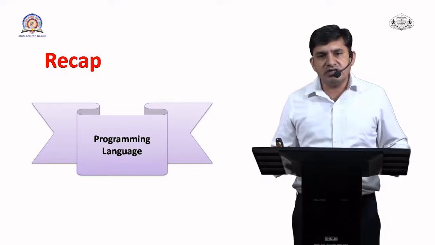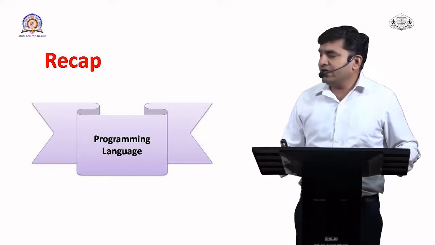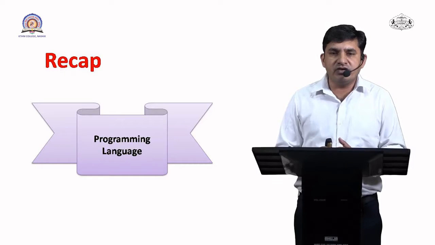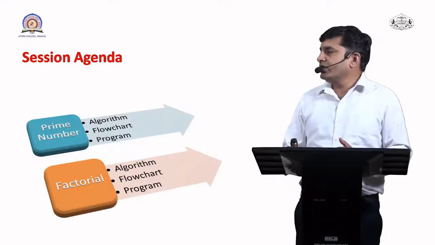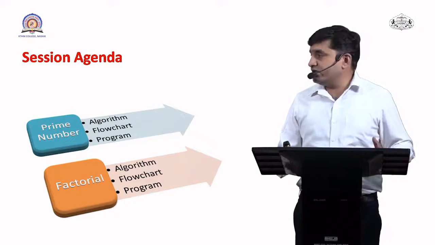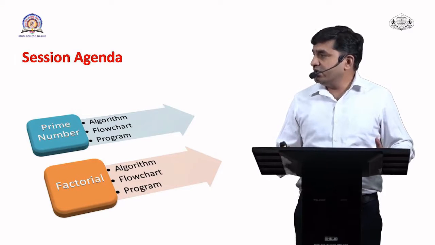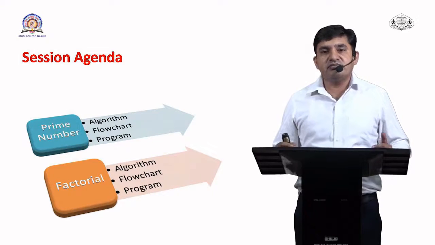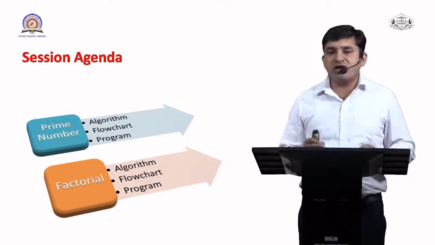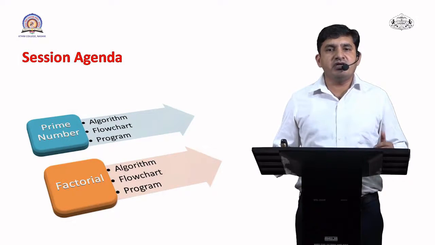In this lecture, we have to see two programs. The first program is to print the prime numbers, and the second program is to find the factorial of a given number. We will also see the algorithm, flowchart and program to print the prime numbers, and the algorithm, flowchart and program to find the factorial of a given number.